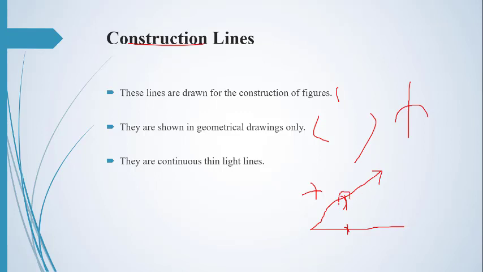These are the construction lines, used for the construction of an angle. They are shown in geometrical drawings. Here you can see that it is an angle, so it's a geometrical drawing. They are continuous thin light lines. You can see here that they are continuous. There is no dashed or missing part in the center like this one. So they are continuous and thin lines.